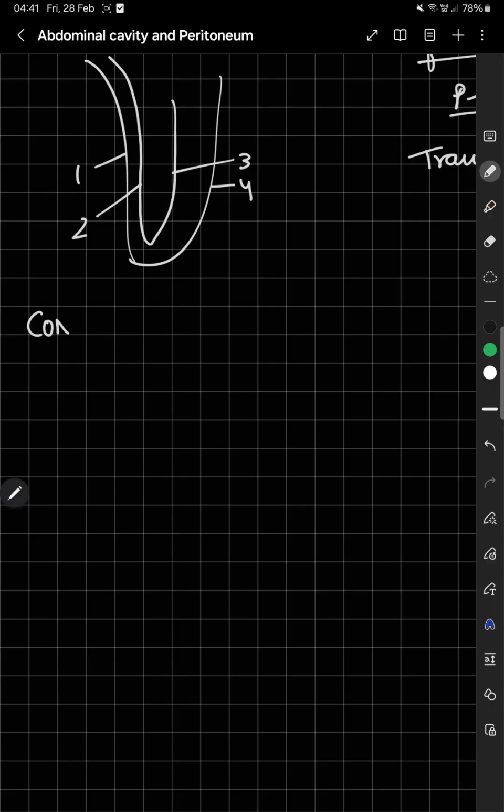Now finally we'll have to discuss the contents of greater omentum and the functions of it as well.